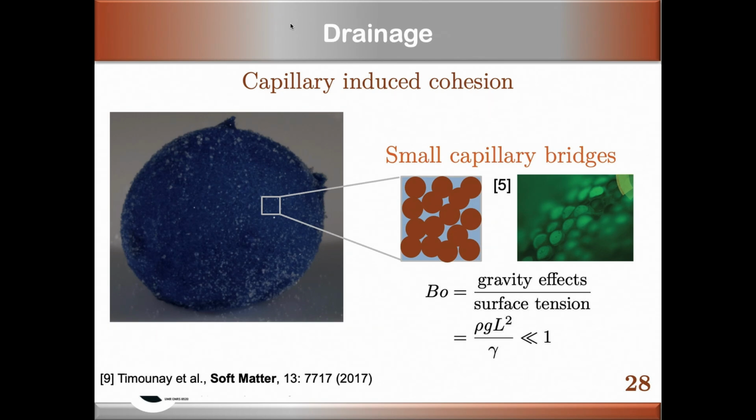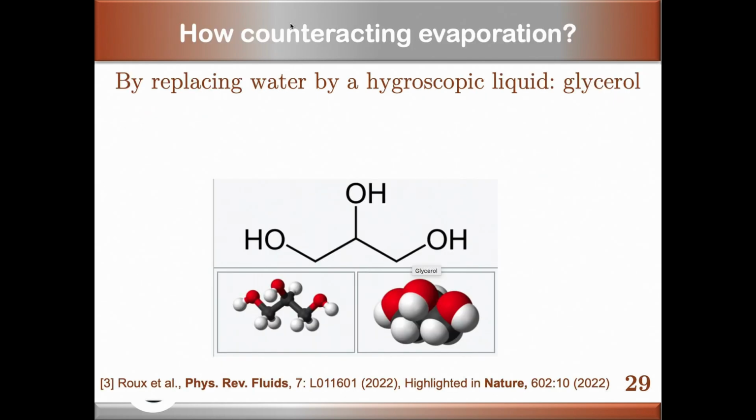As I said, with this water droplet we were able to suppress the effect of gravity by creating capillary bridges, but we were not able yet to suppress evaporation. And this is why I asked my question to you, Jean-Pierre, last time. Because when you do experiments with glycerol, you better be careful.